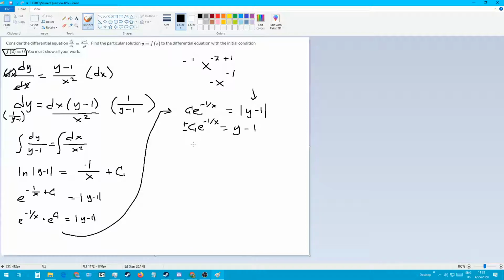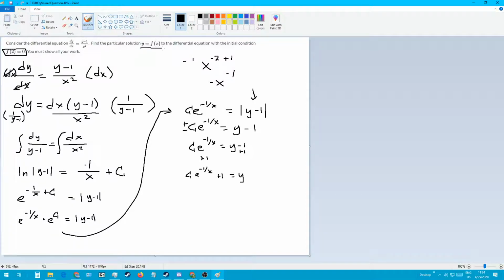So we can just simplify it to c e to the negative 1 over x equals y minus 1. Add 1 to both sides, and we get the full function, which is constant times e to the negative 1 over x plus 1 equals y.